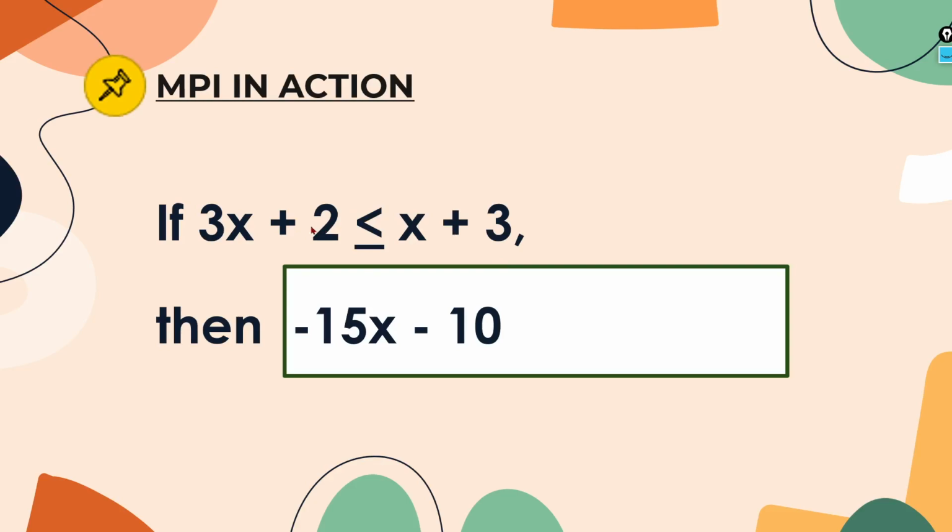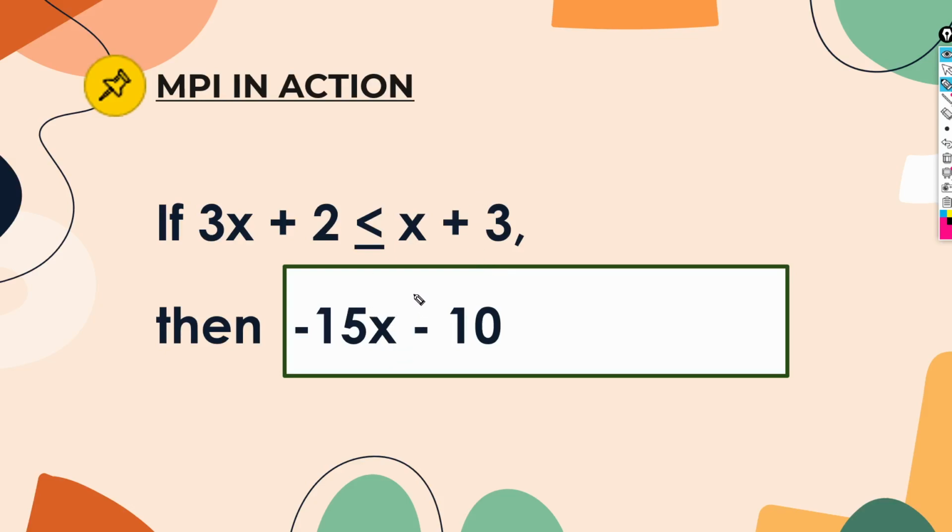Again, like this. If 3x plus 2 is less than or equal to x plus 3, then negative 15x minus 10, blank. Pause muna, hit play when you're done. Right. What happened? Look, from a 3x plus 2, I see a negative 15x minus 10. Paano kaya nangyari yun?